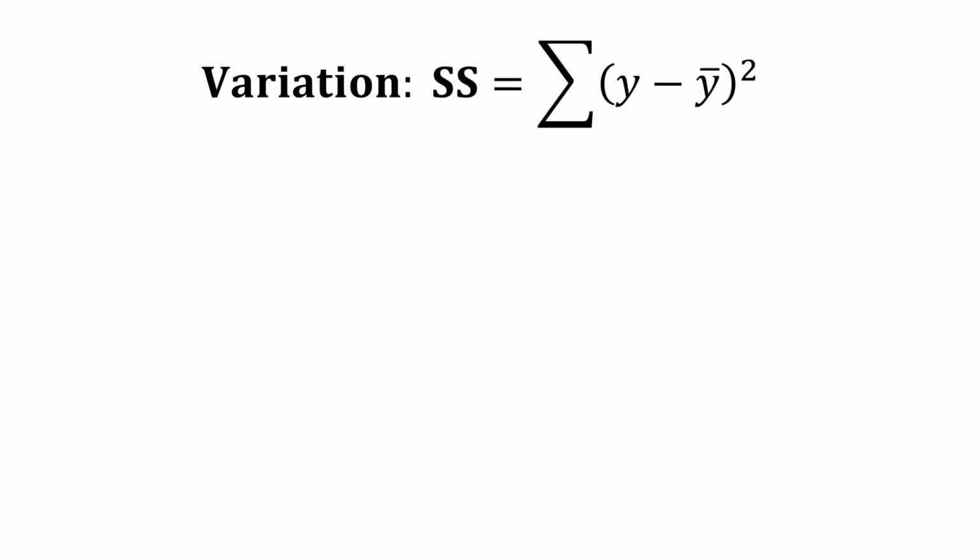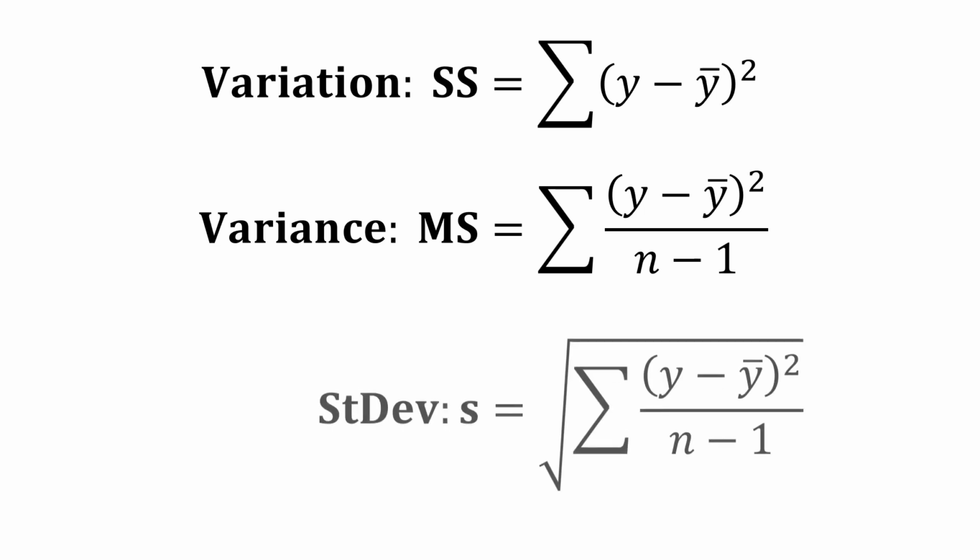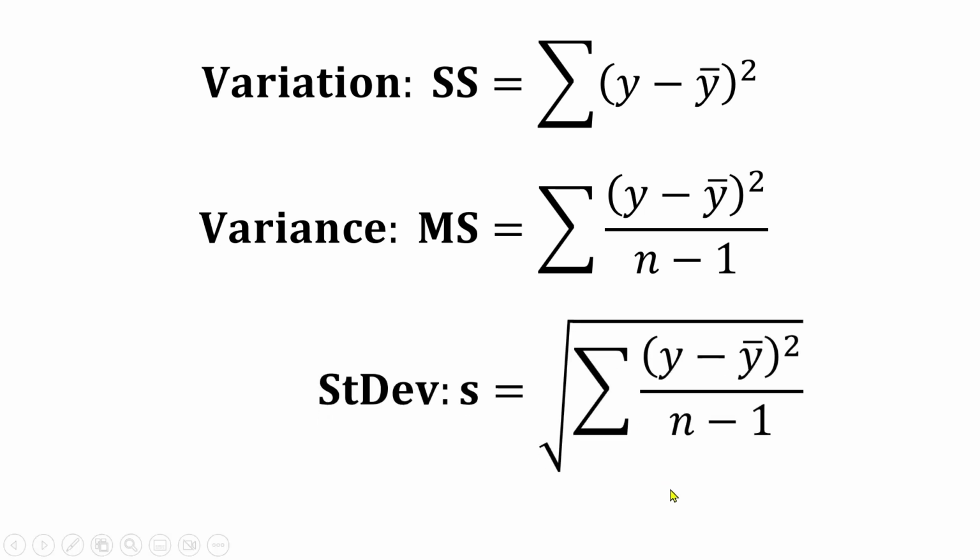And so that's pretty much it. Let's summarize once more. Variation is measured by sum of squares. Variance by the mean sum of squares. And the standard deviation is the square root of the variance. Looking at this last formula, you may well have seen this equation before, but probably you didn't understand it.